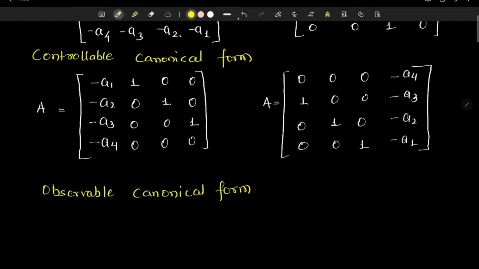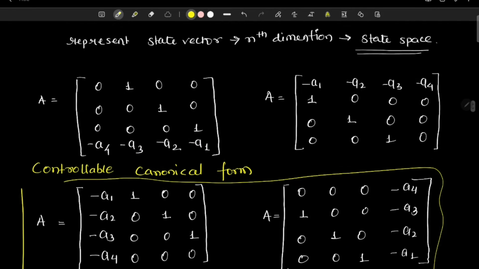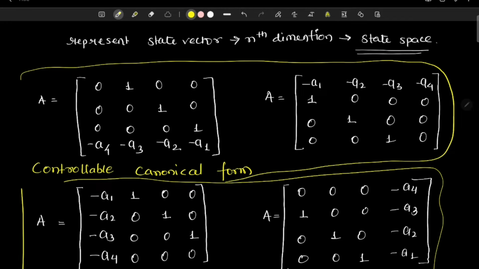Okay, so these two equations are the observable canonical form and this is the controllable canonical form.